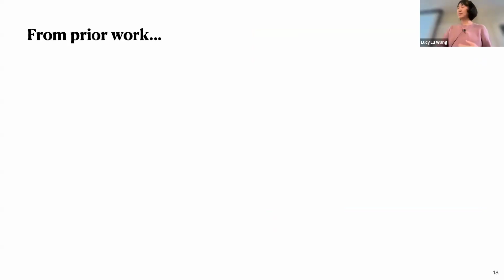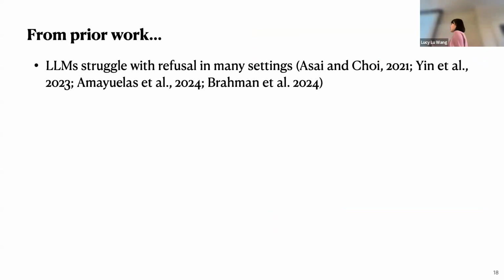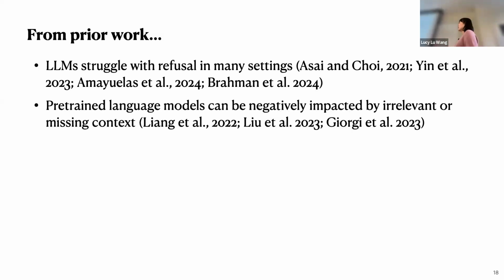So from prior work, we know that actually language models struggle with refusal in many settings. If you just ask it a query that's unanswerable, it's very unlikely to refuse to answer. And we also know that pre-trained language models are negatively impacted if they're trained in a context-dependent setting, and we modify or remove that context in some way.